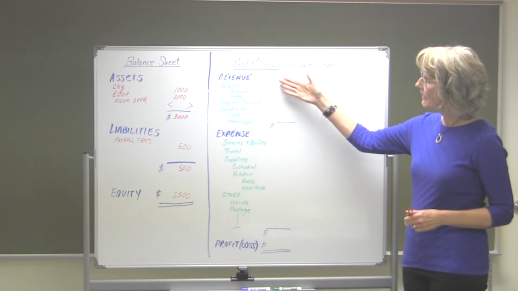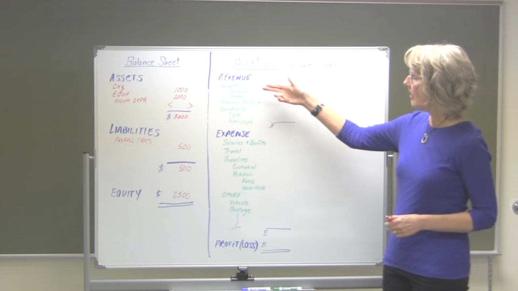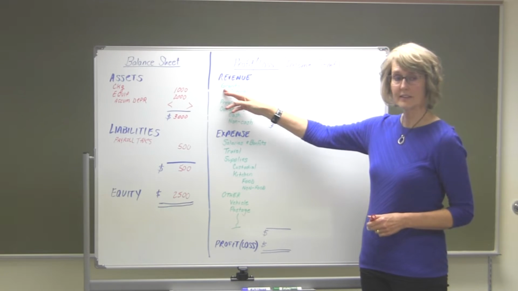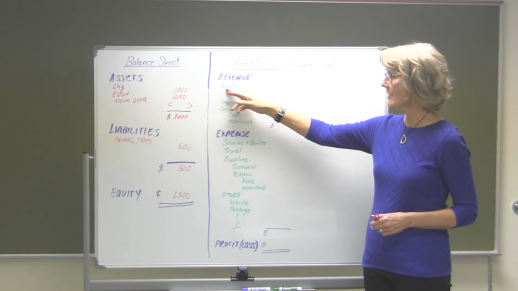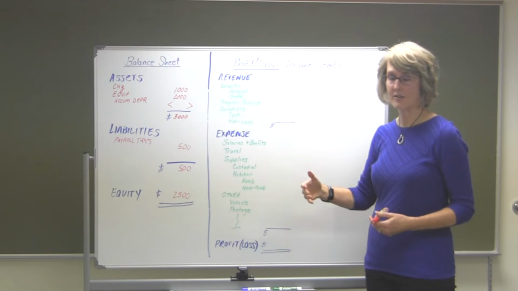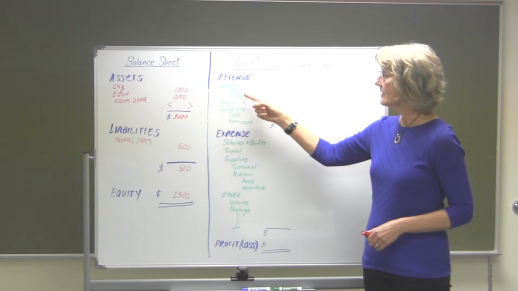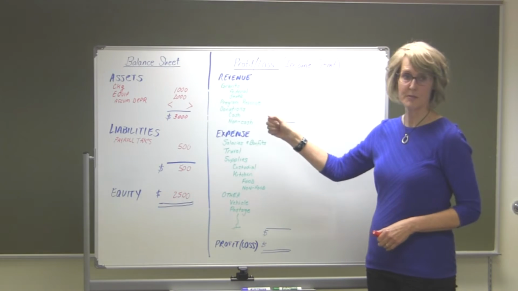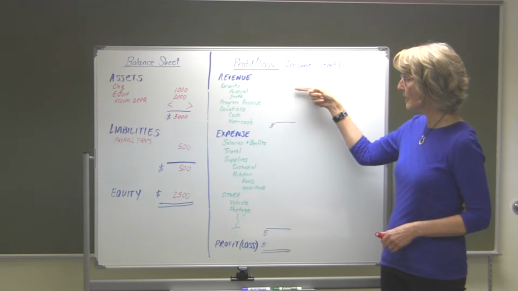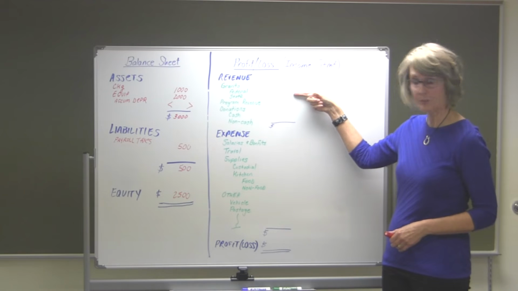Some types of revenues that you might have are, of course, grants, and that is an account title that you can use on your profit and loss. You can also use sub-accounts to further break down that account, such as federal and state types of grants. So those would be indented and stated in two separate amounts on your profit and loss.